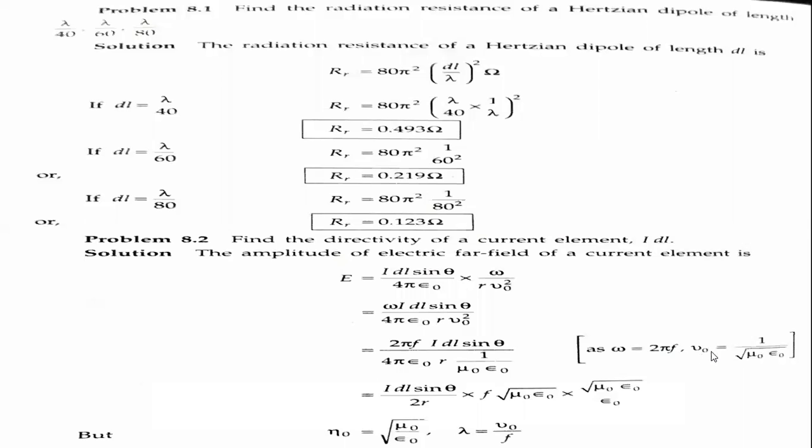I can find v0 as 1 by root of mu 0 epsilon 0, by substituting these values. So what will happen? Here I sine theta divided by 2r. How did we get this 2? In this 2 pi f, the 2 will be cut with the 4.